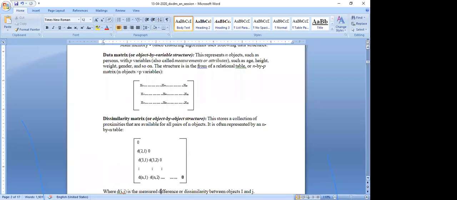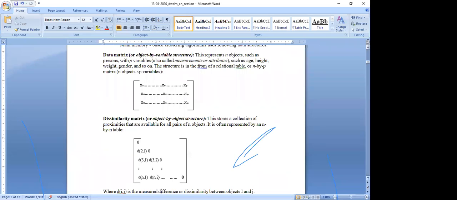All the different types of attributes will be considered in the data matrix. Next, the dissimilarity matrix stores the same kind of objects by varying the order or priority, like 0, d(2,1), d(3,1), and so on. These entities are stored in rows and columns, whereas in the data matrix we store all the different attributes like age, height, weight, gender, and so on.